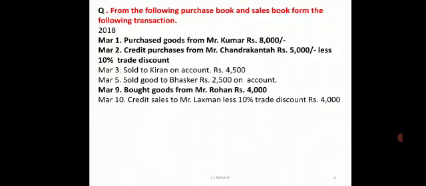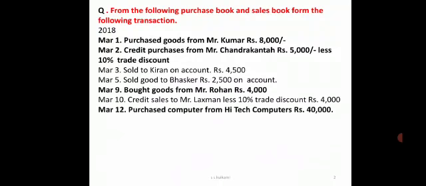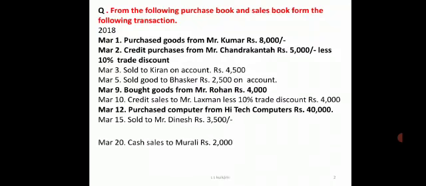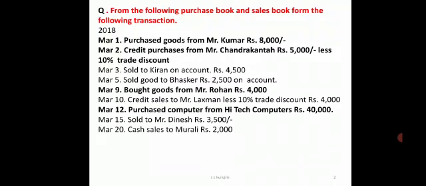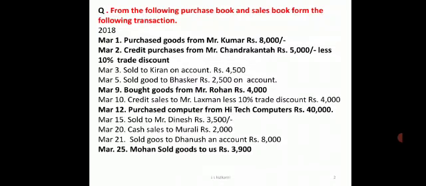Then credit sales to Lakshman with trade discount, purchases of computer, then sold goods to Mr. Dinesh, then cash sales and sold goods to Dhanush on account, and sold goods to Mohan 3,900. And on 30th March you are having purchases from Dinesh.